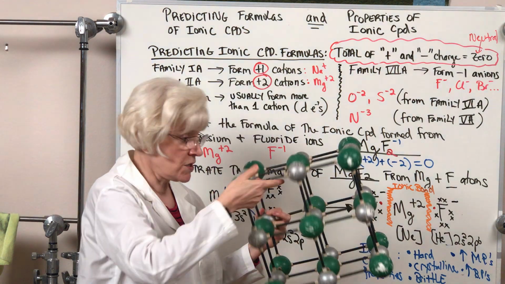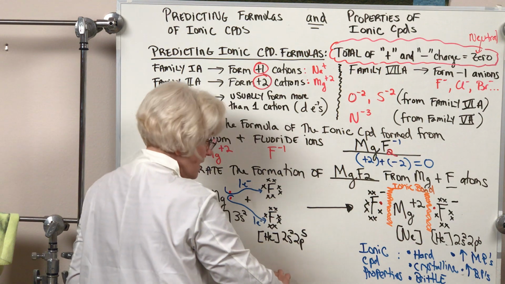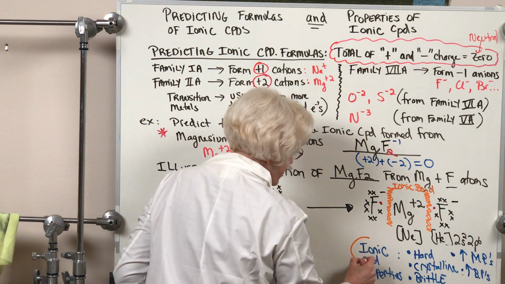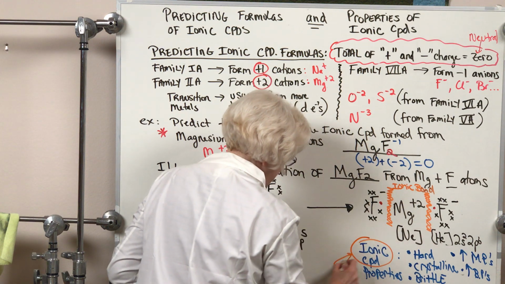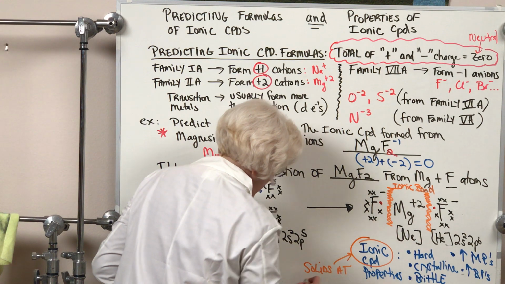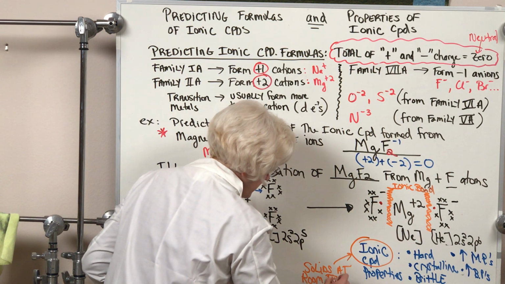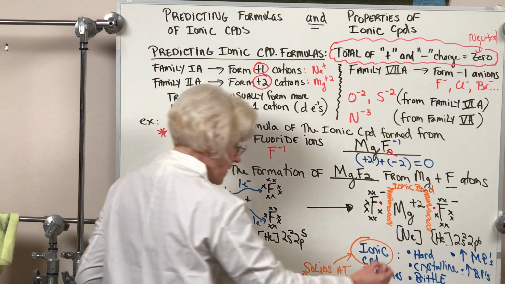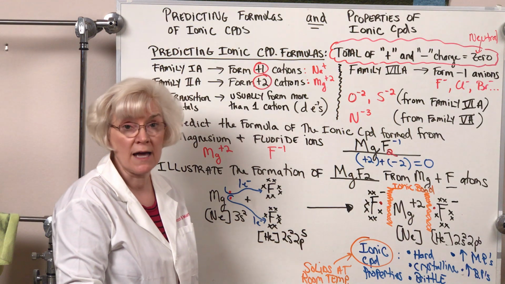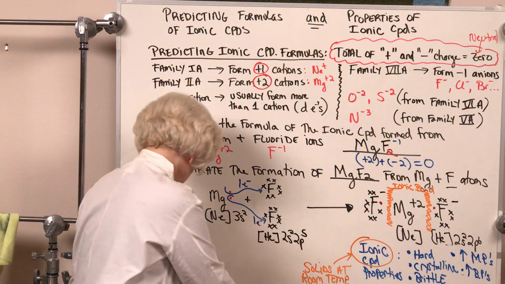So it's important to note that all ionic compounds are solids at room temperature. And that's directly related to their high melting points and their high boiling points.